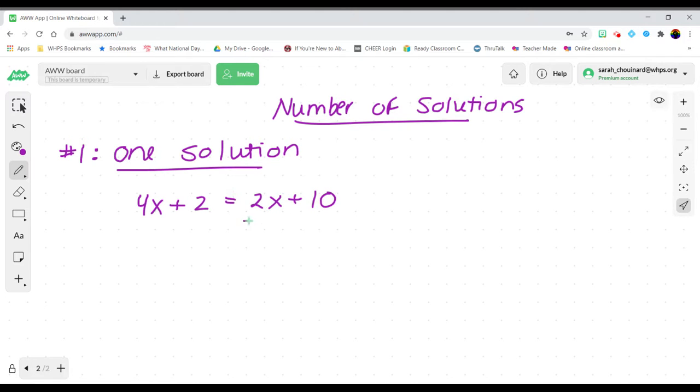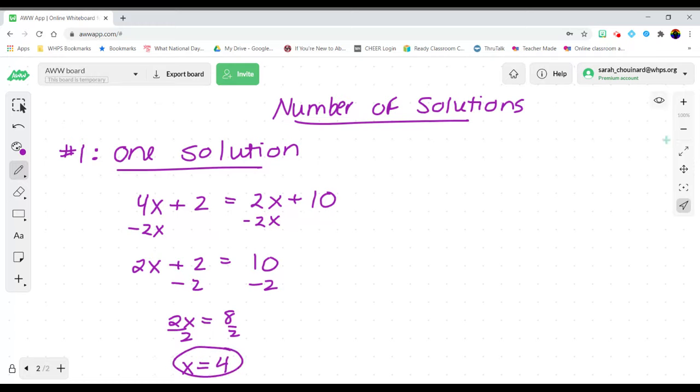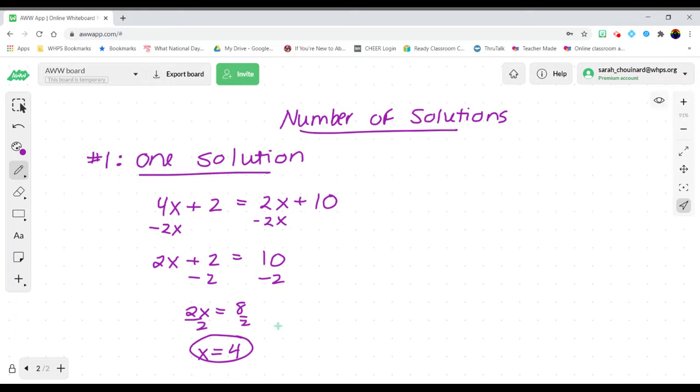If I were to go ahead and solve this, I would get the variable on one side, giving me 2x plus 2 equals 10. And then I would isolate the variable by subtracting 2 and then dividing by 2 to get x equals a number. So our answer is going to be a number. So we're going to get x equal to a number if there's one solution.